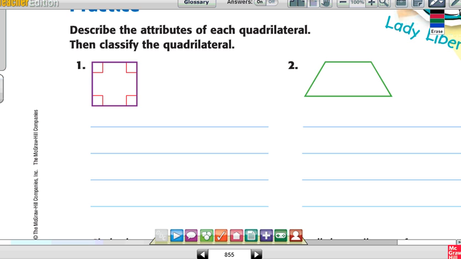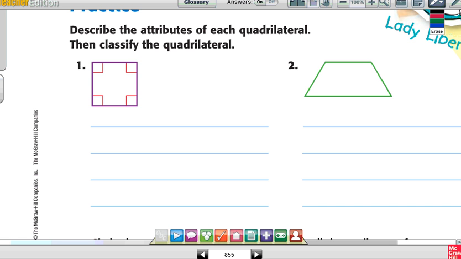Number 1 says, describe the attributes of each quadrilateral, then classify it. All right. First of all, number 1, are all the sides the same length? Yes. Does it have any right angles? Yes. How many? 4. Does it have any pairs of parallel lines?